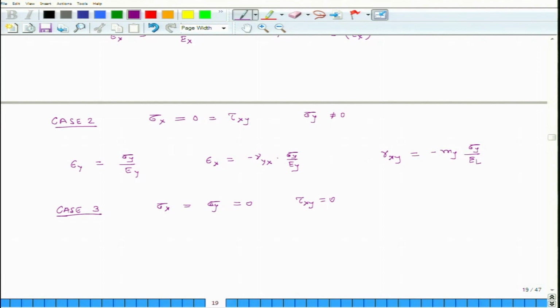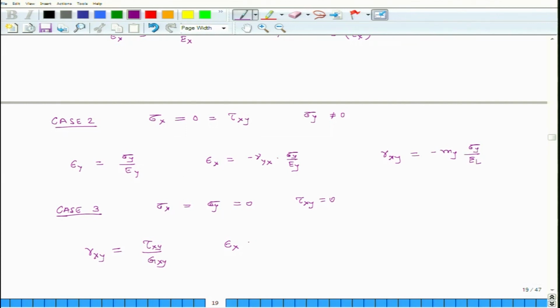In this case the shear stress will first generate a shear strain, and what is the value of that shear strain? Gamma xy is equal to tau xy divided by Gxy. And as I said, it also will generate extensional strains.